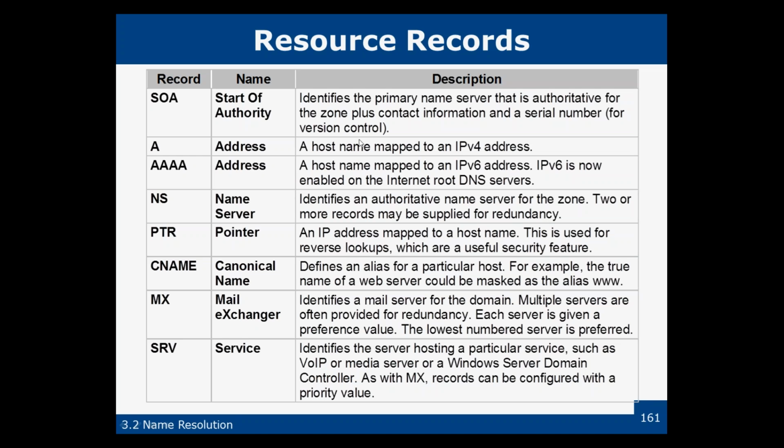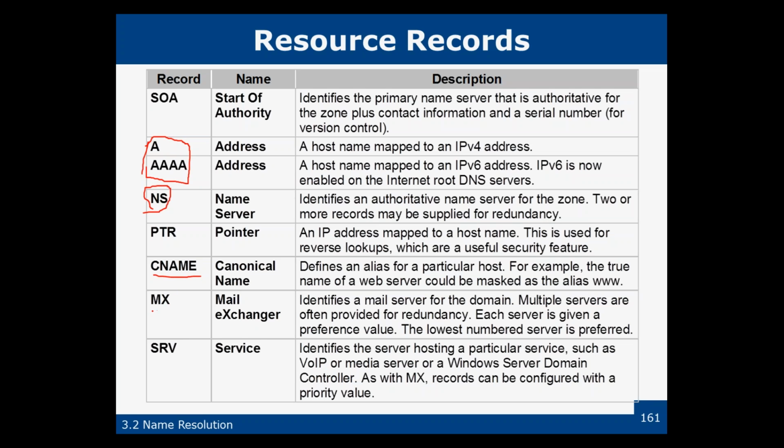But those are the name records. I think the big ones here, well, maybe A and AAAA are going to be for individual resources. NS kind of easy because NS stands for name server.